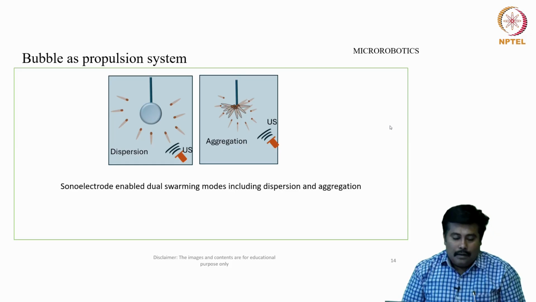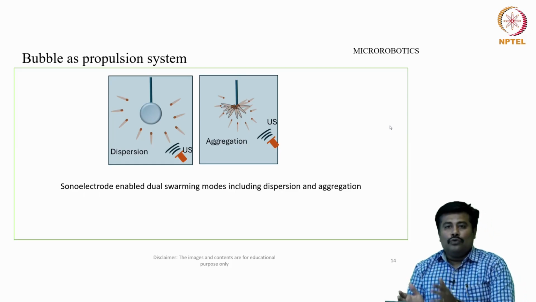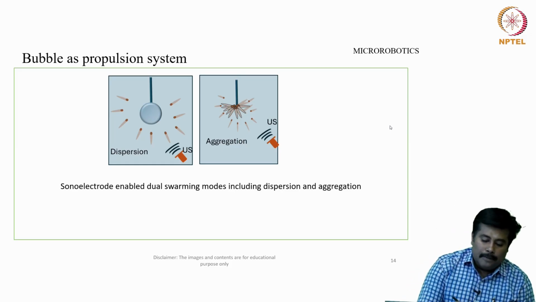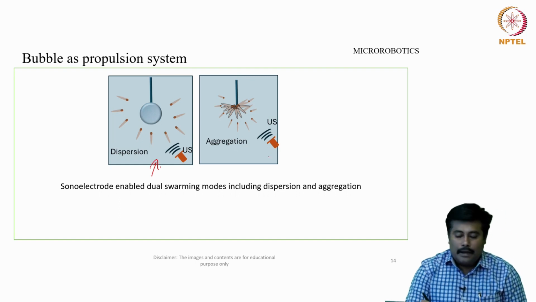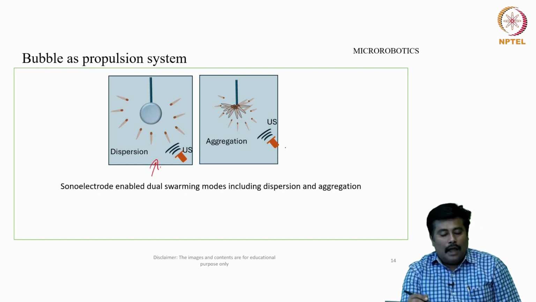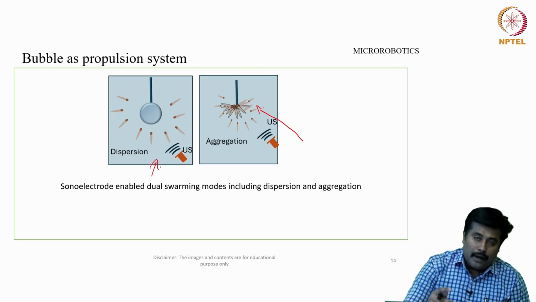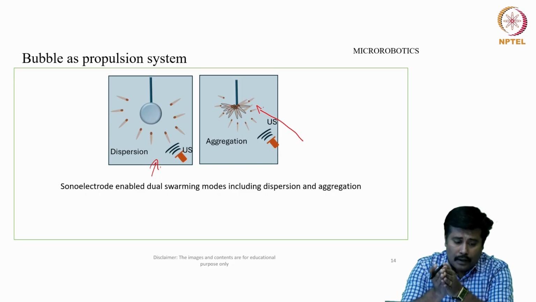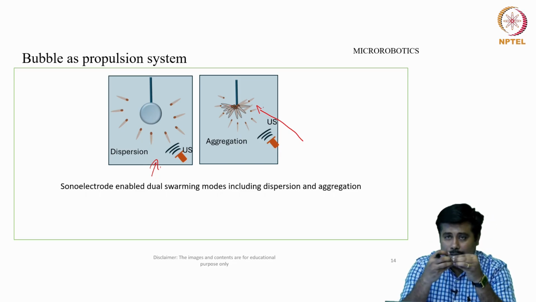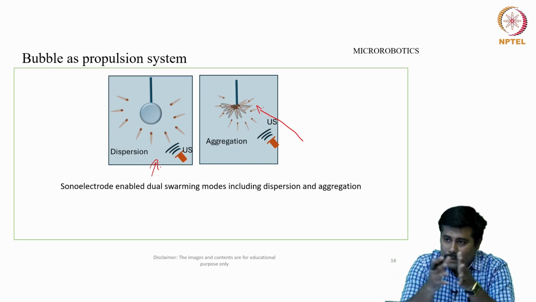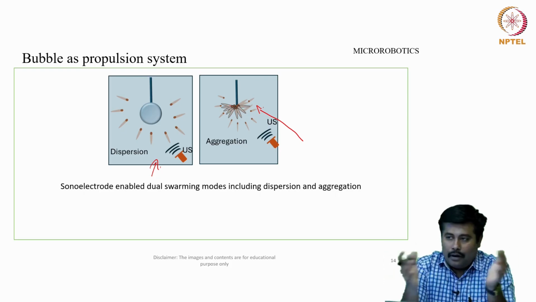In this mechanism, we have two different approaches: one is called a dispersion based mechanism, and the other is called an aggregation based mechanism. The aggregation based mechanism is for manipulating particles towards a particular region. The dispersion based mechanism is meant to disperse the particles in a kind of cloud in the environment.